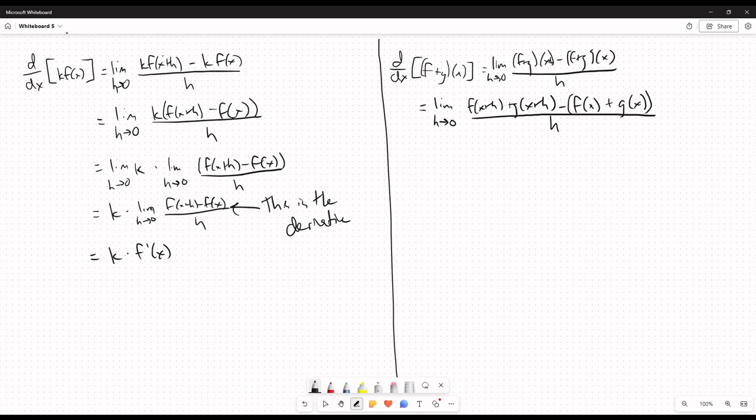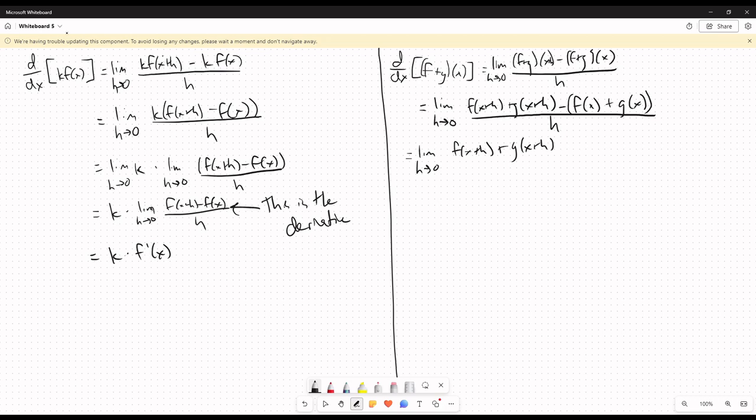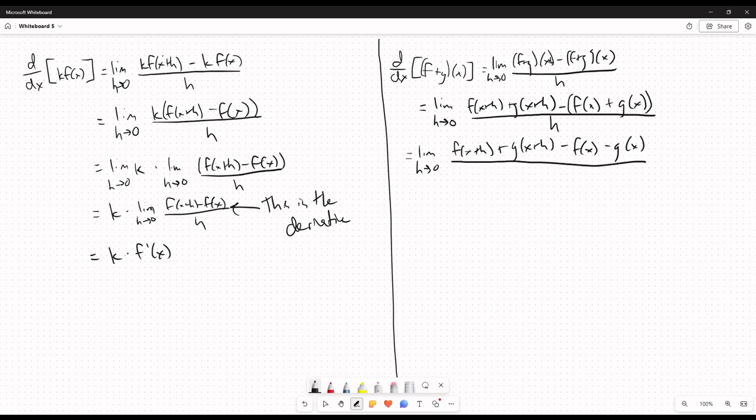Before we split it up into two parts, let's distribute that negative sign. That's going to be the limit of f of x plus h plus g of x plus h minus f of x minus g of x all over h.